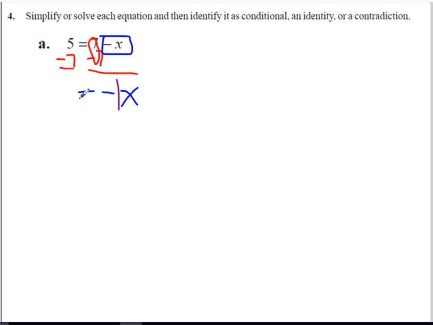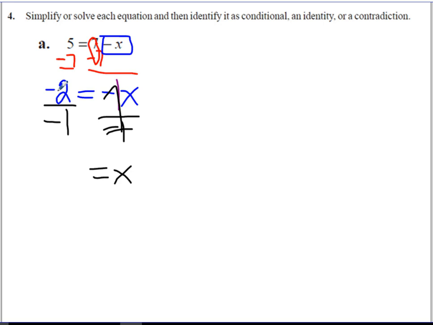And on the left-hand side, 5 minus 7 is negative 2. So now to get x truly by itself, we have to get rid of that negative 1 that's being multiplied. So let's divide it off. Negative 1 divided by negative 1 is a positive 1, which will leave us only an x on the right-hand side.